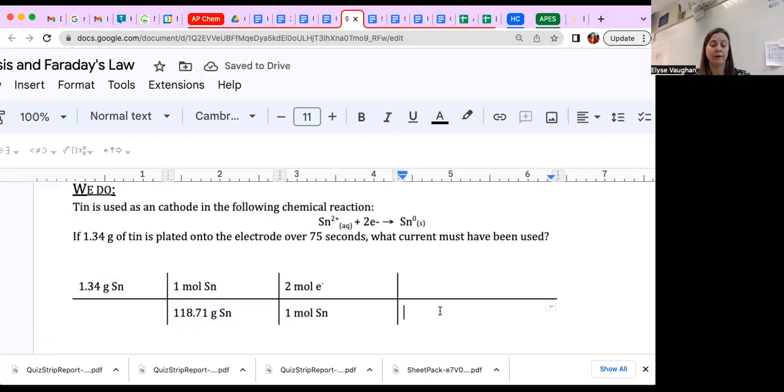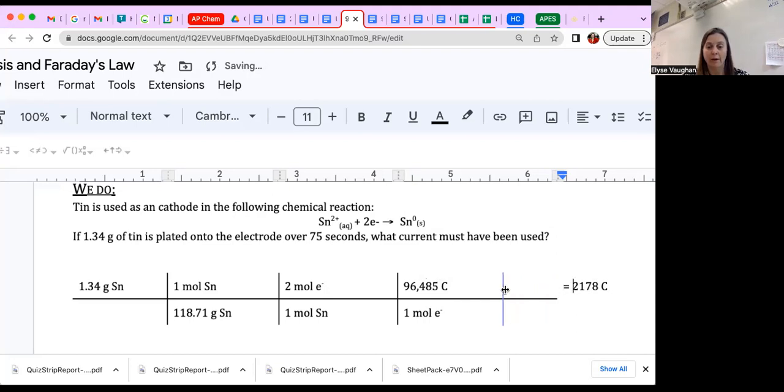And I also know that 1 mole of electrons has a charge of 96,485 coulombs. And that is going to equal 2,178 coulombs.